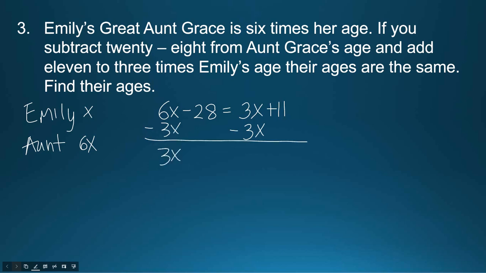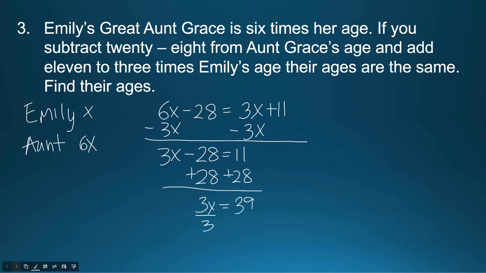So 3x minus 28 equals 11. Add the 28. And 3x equals 39. Then divide by 3. And x equals 13. So that means Emily is 13.